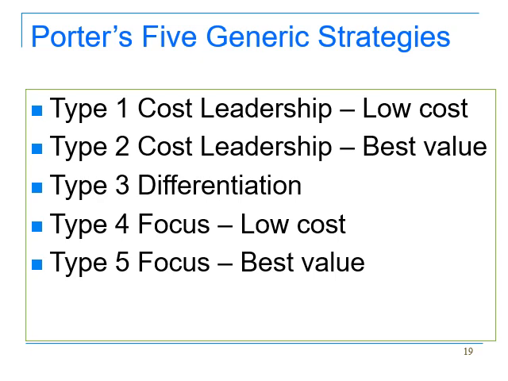Then we need to talk about type 3, differentiation. Porter's type 3 generic strategy is differentiation, a strategy aimed at producing products and services considered unique industry-wide and directed at consumers who are relatively price insensitive.